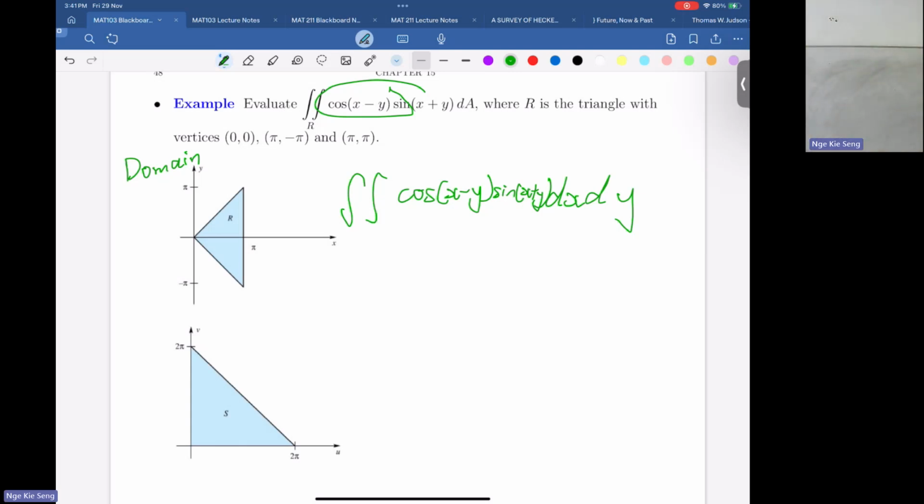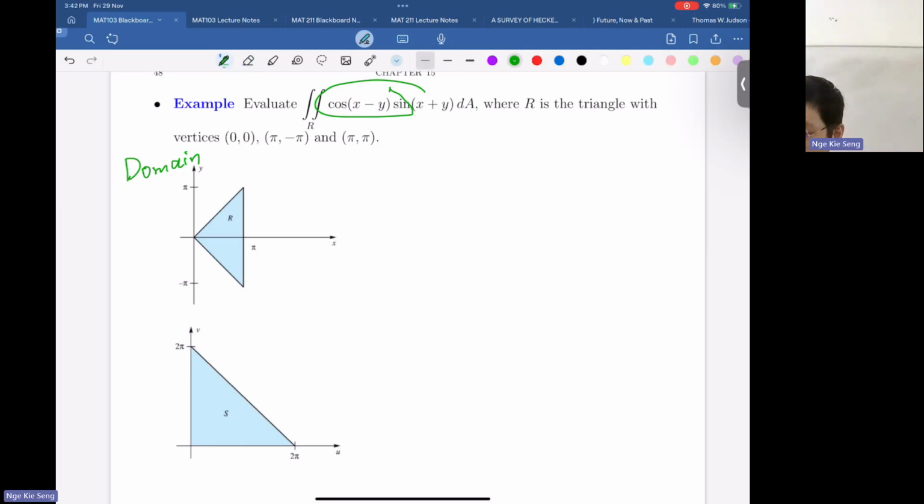So what kind of transformation are we gonna do here? Let's consider the following transformation. This transformation is hinted by your function.